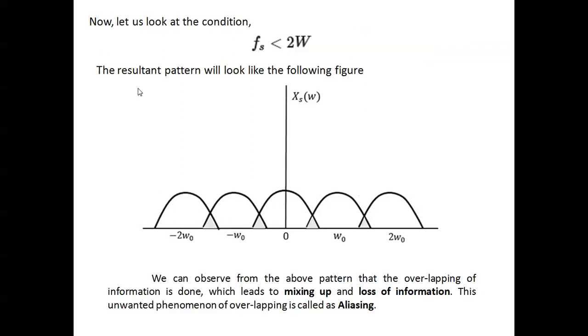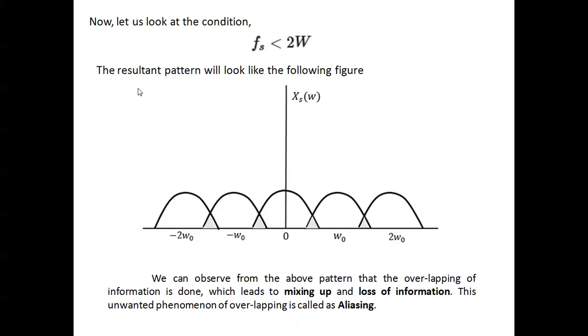The third one is when the sampling frequency is less than twice the highest frequency. Then the pattern will be like that. Every signal gets mixed up and overlapped, so because of that the signal might be lost.